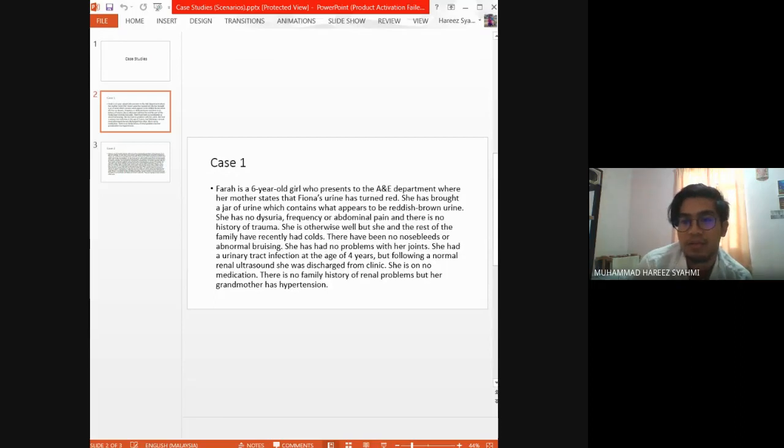There have been no nosebleeds or abdominal bruising. She has had no problems with her joints. She had a urinary tract infection at the age of 4, followed by a normal renal ultrasound, and she was discharged from the clinic follow-up. She is on no medication. There is no family history of renal problems, but her grandmother has hypertension.